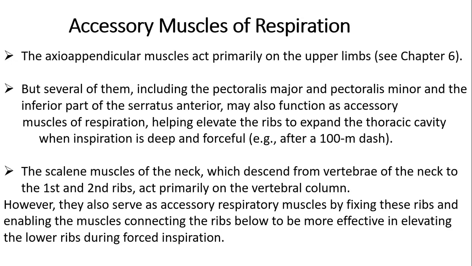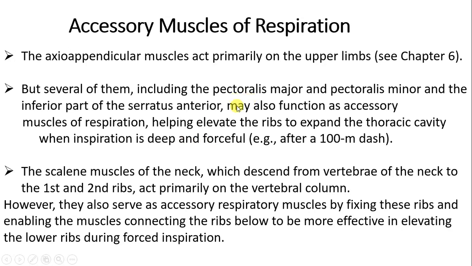Similarly, the scalene muscles of the neck, which descend from the cervical vertebrae to the first and second ribs, mainly act on the vertebral column. However, they act as accessory muscles by fixing these ribs and enabling the muscles connecting the ribs below to move effectively in elevating the lower ribs during forced inspiration.